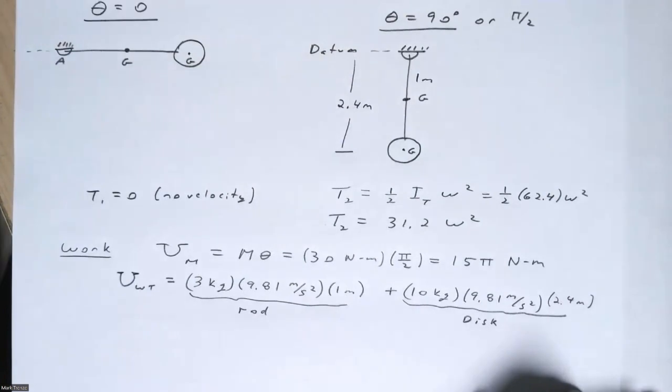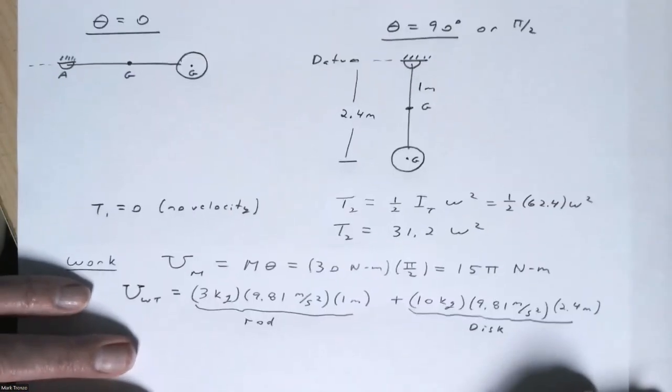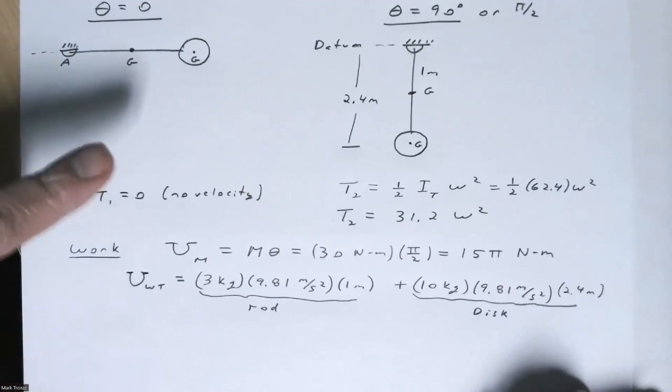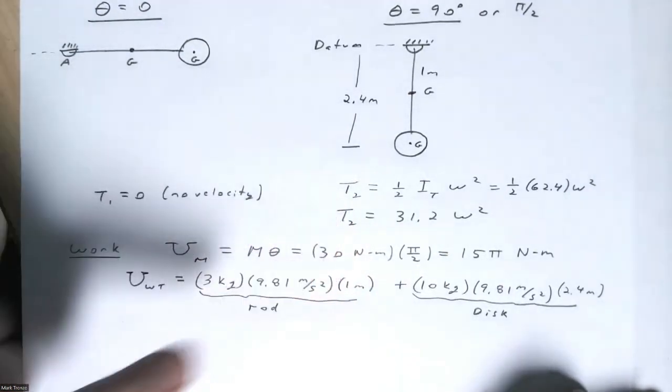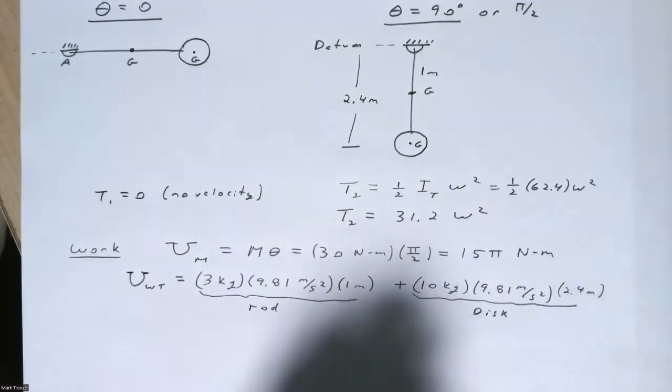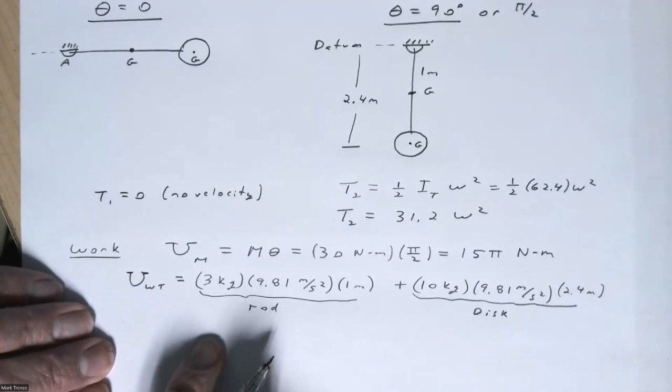And so I think we have everything we need because we have our kinetic energy beginning and end. We have our work done. And actually, I should have calculated all this.